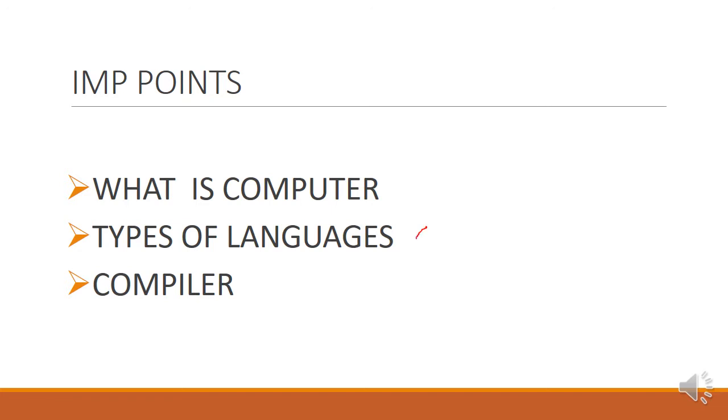The programs written using zeros and ones. Correct? The programs written using zeros and ones are called the binary language. Computer understands only that language.